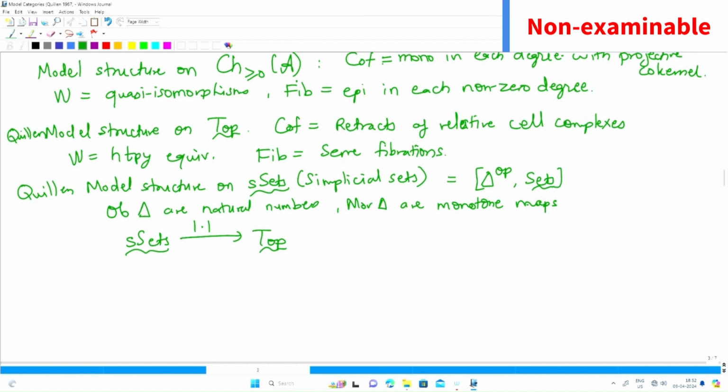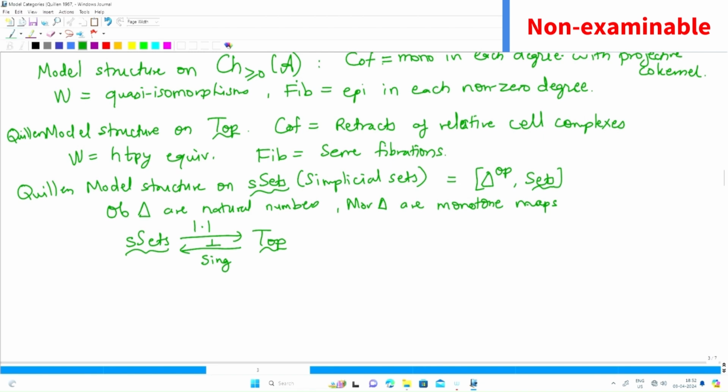In the other direction also, there is the singular simplicial set. This is the singular complex functor. The main point here is that there is an adjunction.